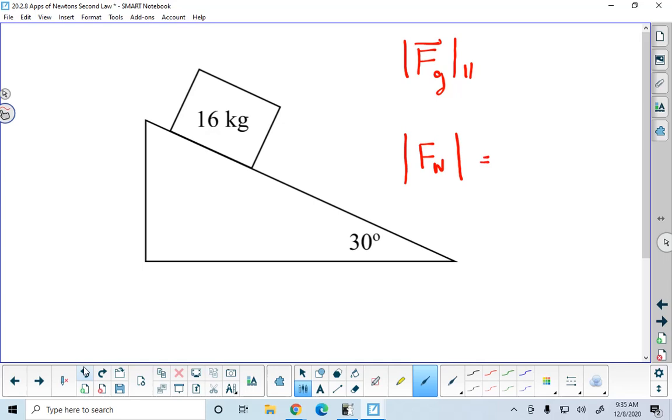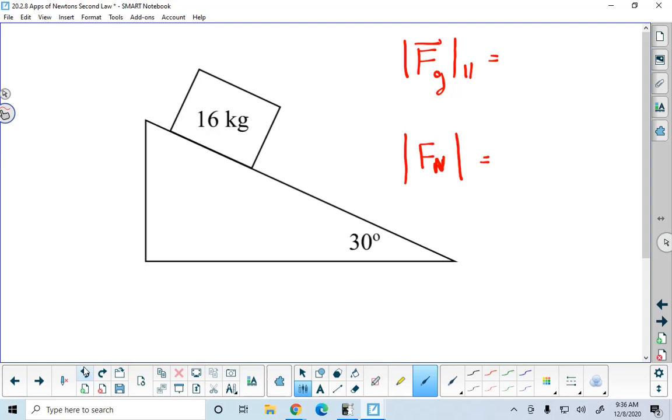And one other thing, advice I will give you, is that when you do these problems from here on in, no matter how simple or basic they seem so far, they are going to get complicated. So you need to be organized.